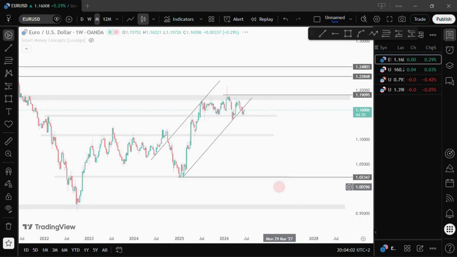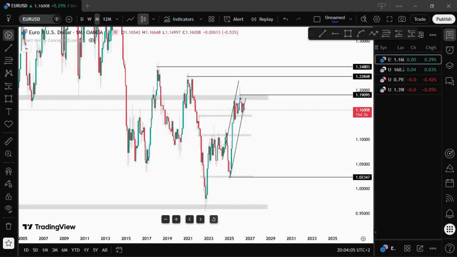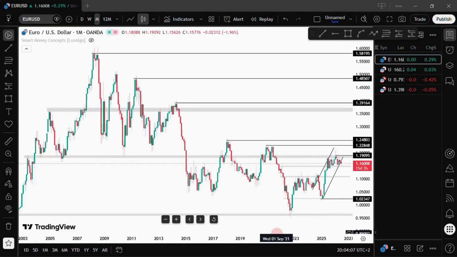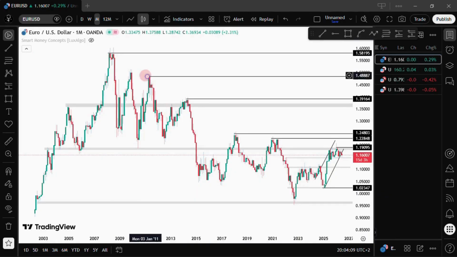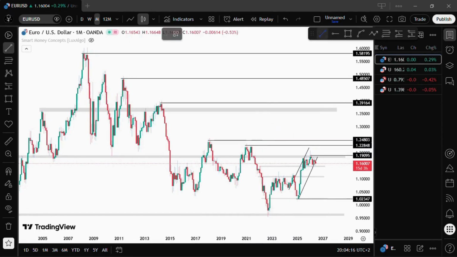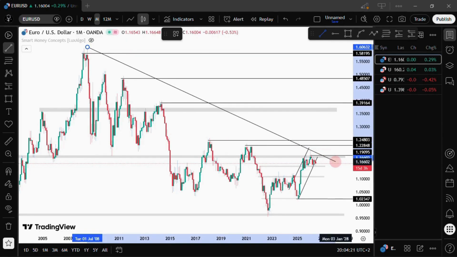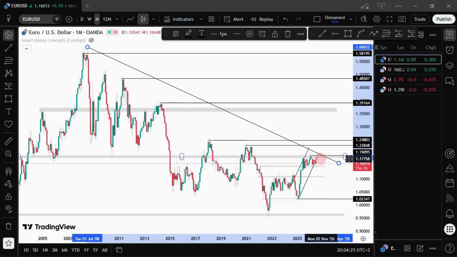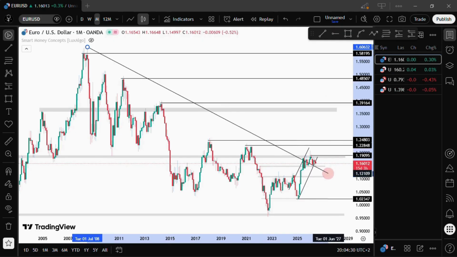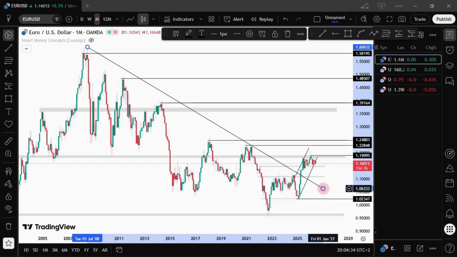If you go to the 1 month time frame, we would see that we are in a sloping downward momentum. As you can see, 1 2 3 4 5 touches. Okay, and it's showing us we are in a sloping momentum. Let me just draw this trend line, as you can see. Okay guys, but if we draw this trend line in a correct way, you could see that we have touches right here.